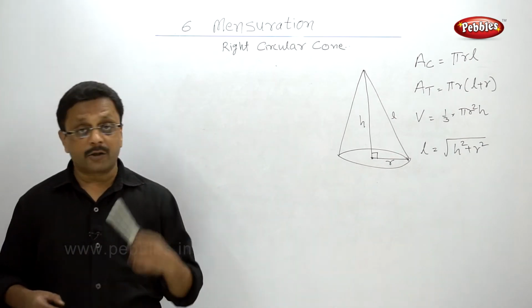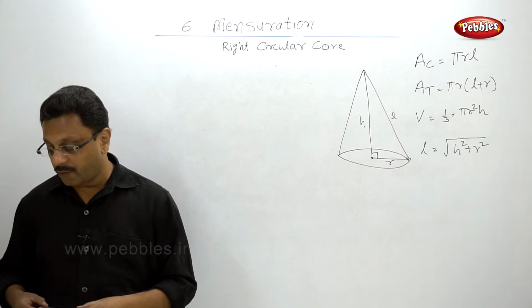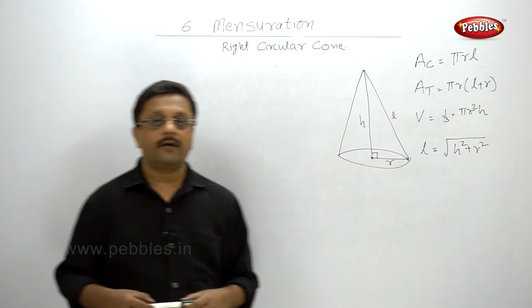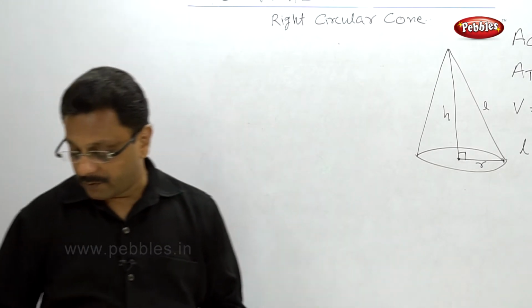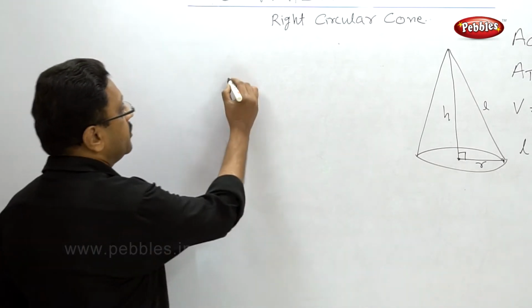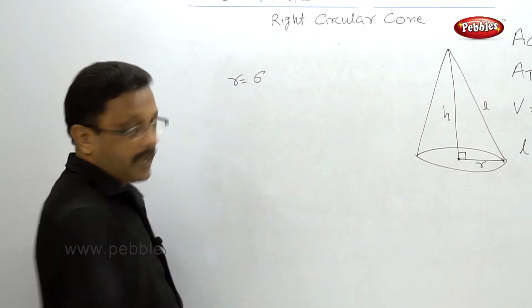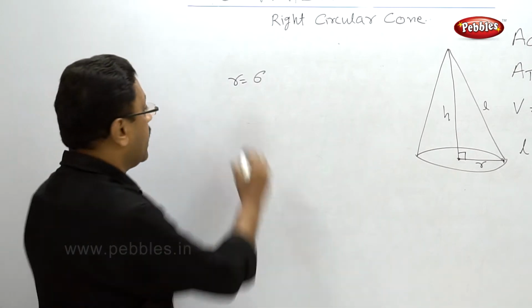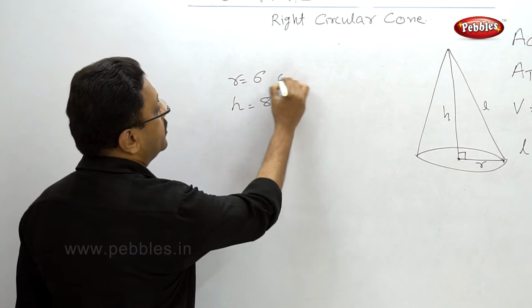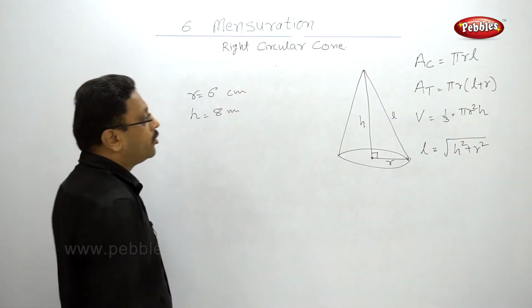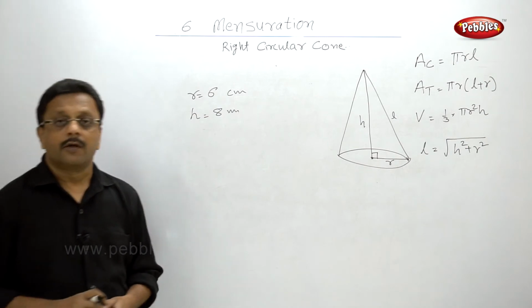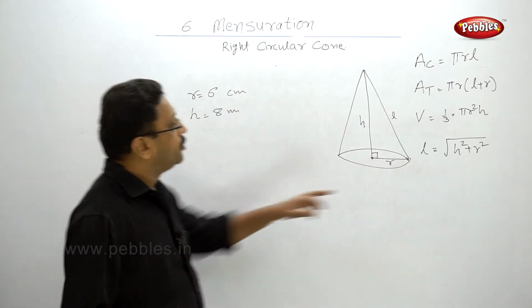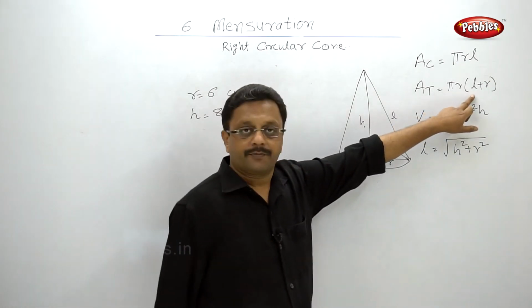Then find the total surface area of a cone of radius 6 and height 8 centimeters. Now in this case they have given the radius 6 and the height 8 centimeters, and you have to find out the total surface area. Now for the total surface area you have to find L first.